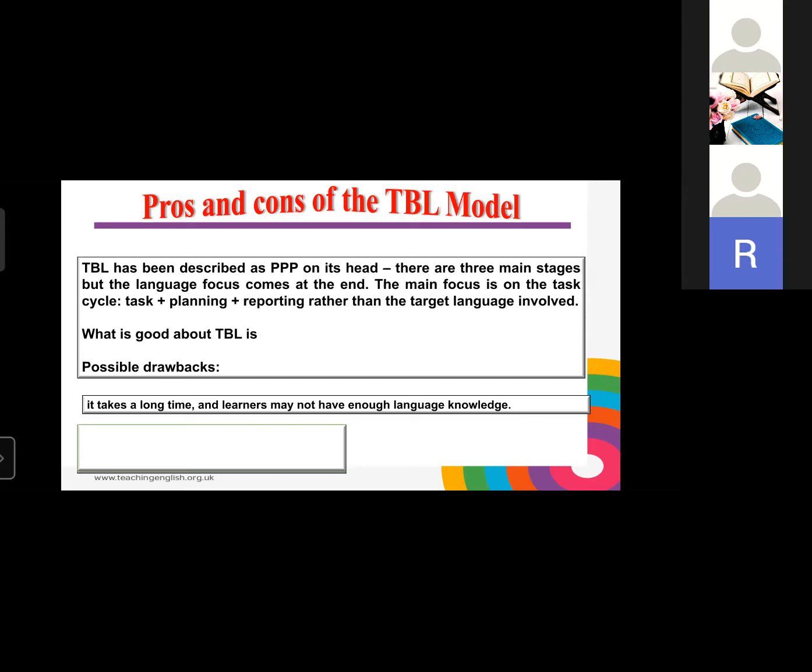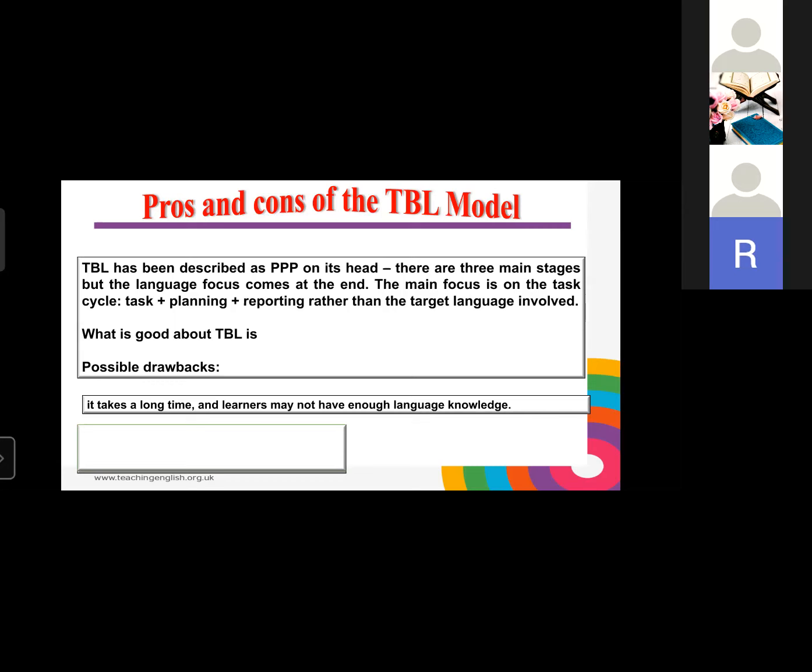It focuses on doing the task, on doing something. So here we are not trying to teach our learners some kind of grammar or some kind of vocabulary, but the main focus is on the task. Maybe they practice the language, but the most important is the task.